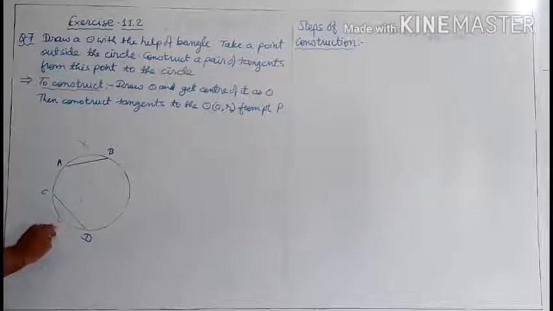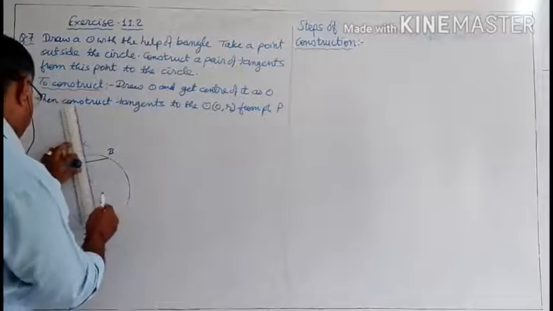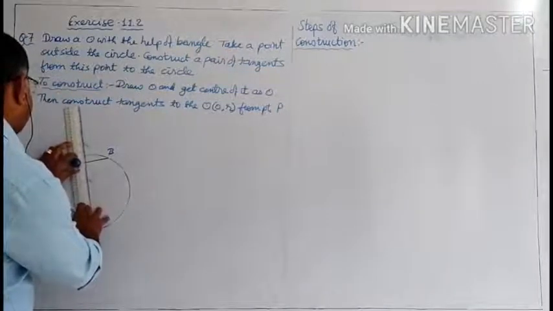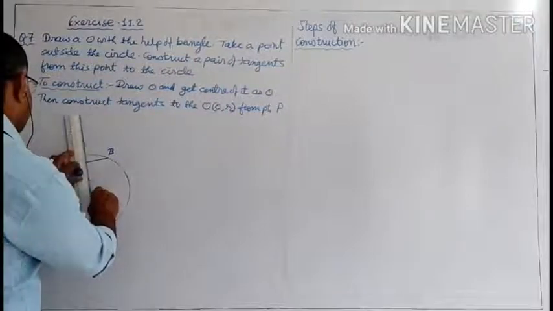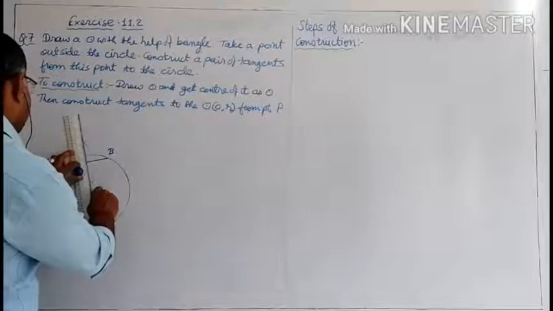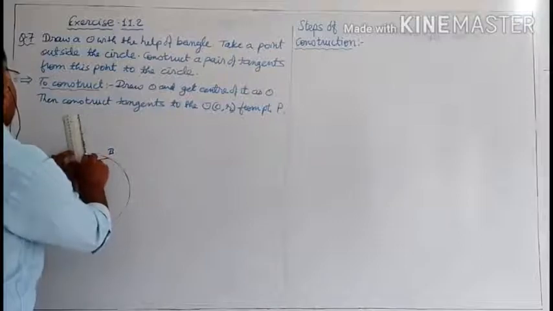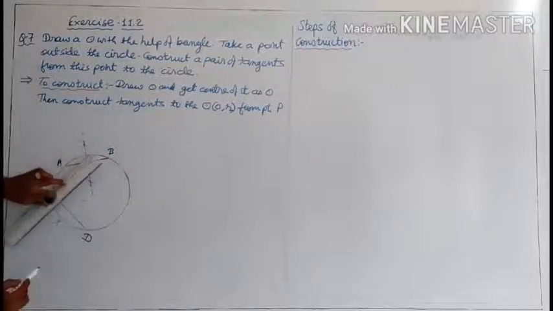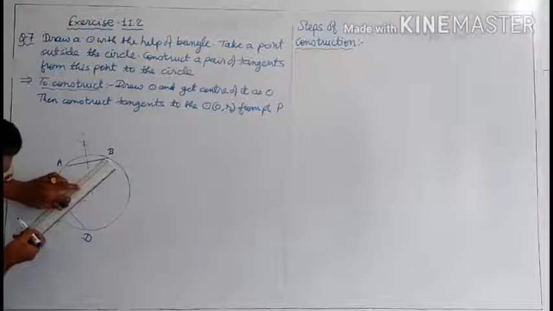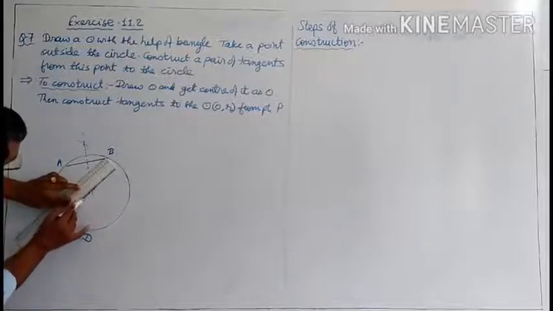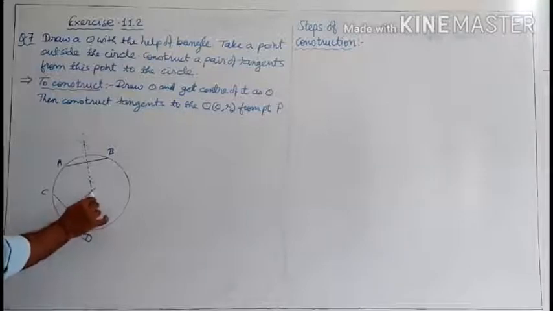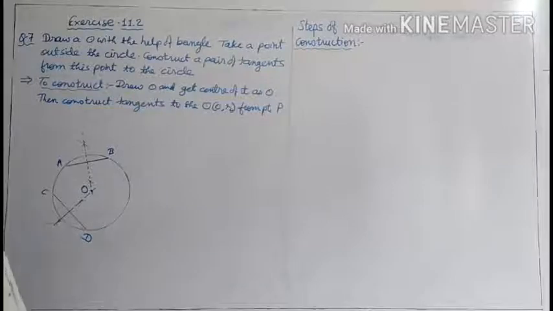Here you will get the perpendicular bisectors and a common point, and that is called the center of the circle. That is O, the center of the circle. So now we got the center of the circle.